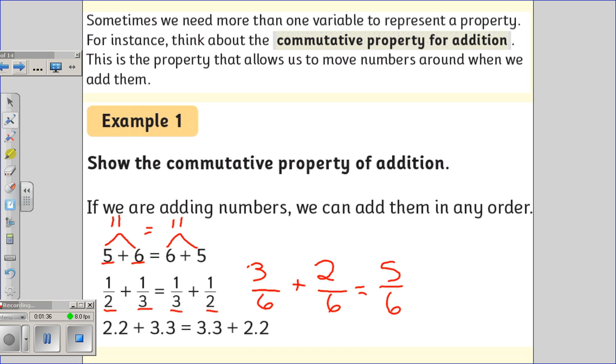Well, let's give it a try in reverse order. 1/3 again equals 2/6. And 1/2 equals 3/6. Does 2/6 plus 3/6 equal 5/6? Well, yes, it does. So this will work for any numbers. Whole numbers, fractions, decimals, even negative numbers, it doesn't matter as long as we are adding them together.